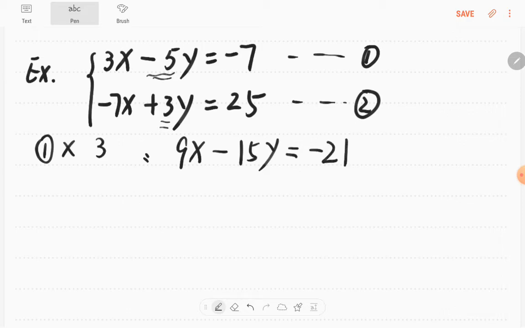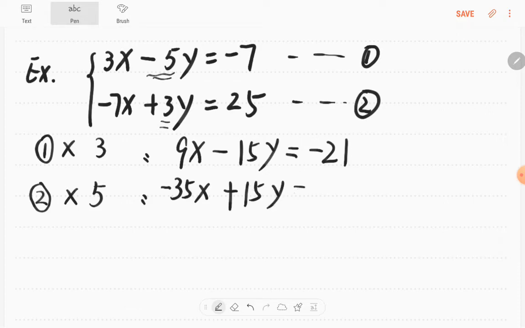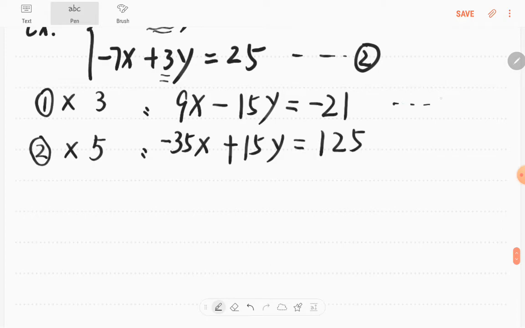Then we multiply equation 2 by 5 on both sides. So this would be negative 35x plus 15y equals 5 times 25, which is 125. This is equation 3 and this is equation 4.